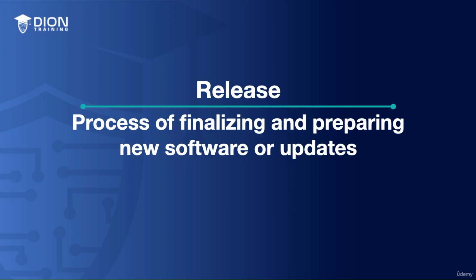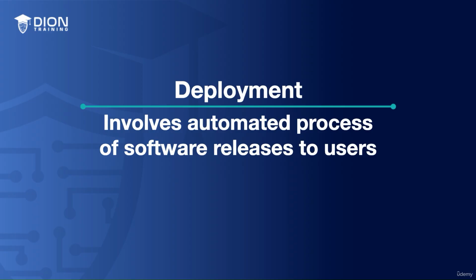This environment could be a staging environment or a production environment, and the release process marks the transition point where a particular piece of software is ready for users to access it. Now, a deployment, on the other hand, involves the automated, consistent, and reliable process of pushing out new releases or versions of that software into a target environment, like a testing, staging, or production environment, so that it becomes operational and accessible to your end users.